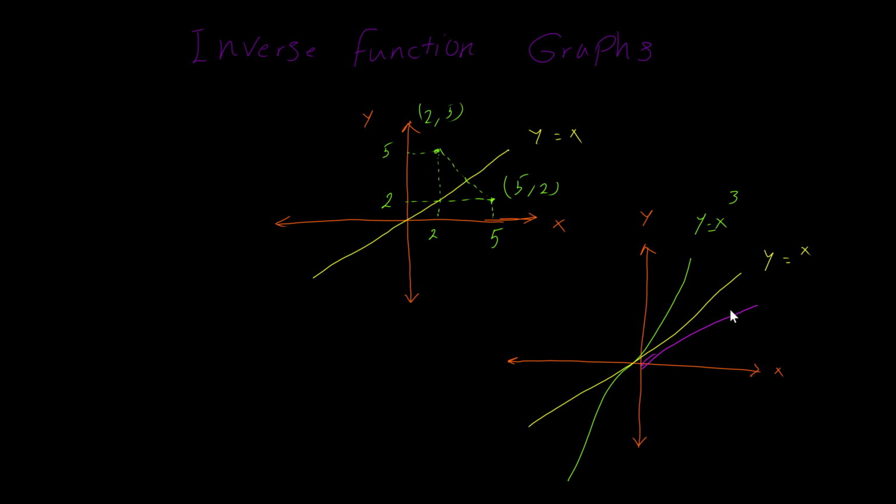If you look at it, it's almost getting the reflection according to that line. And for the second part, it's going to be something like that. So the purple graph will be the inverse of y is equal to x cubed. And that's how we get the graph of the inverse functions.